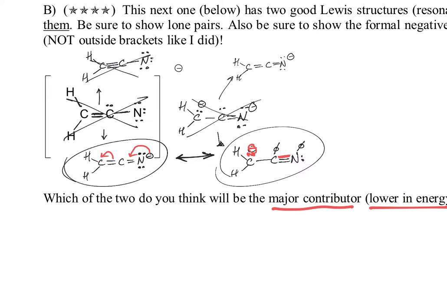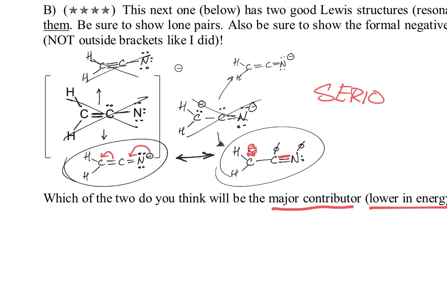Well, if we look at the 2 resonance structures, every atom fills their octet except for the hydrogens, which have 2 electrons. So there's no difference in the total number of electrons, which is good. And again, we're going to follow SERIO, looking at the negative charges.